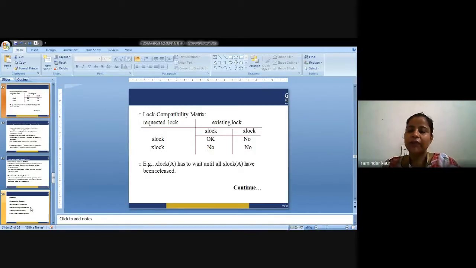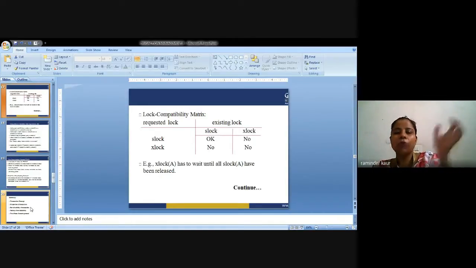Next, a transaction will not issue a write lock operation if it already holds a read or write lock on the item. A transaction will not issue an unlock operation if it already holds a read or write lock on the item.